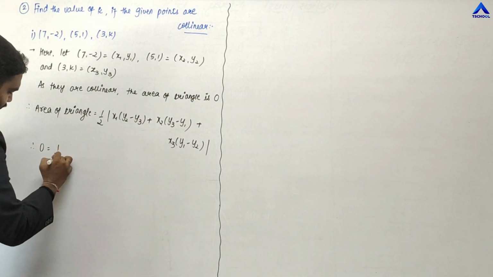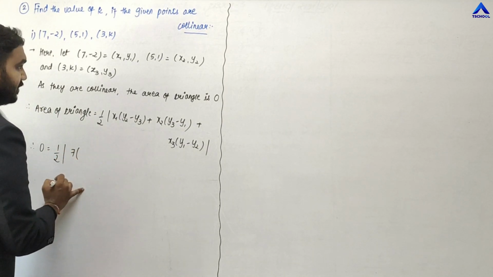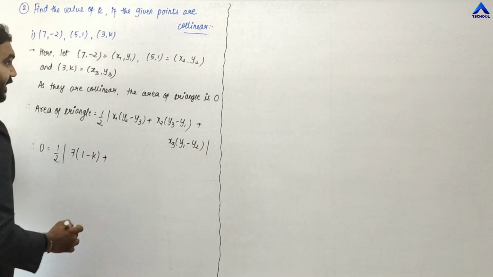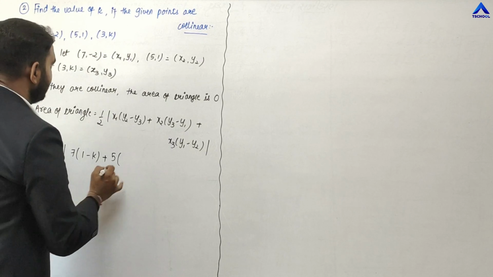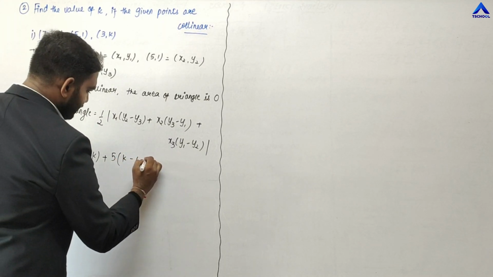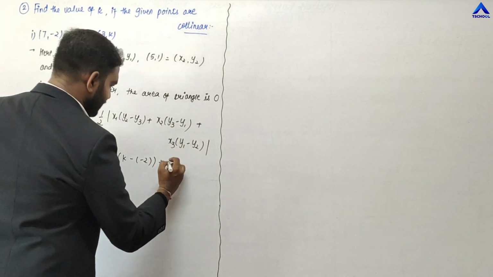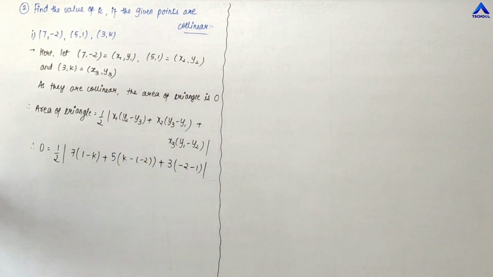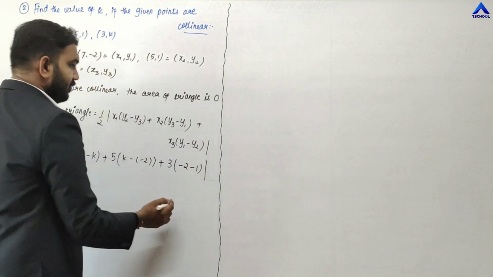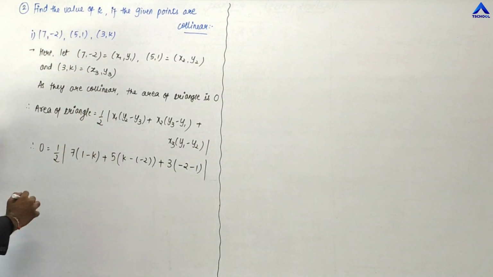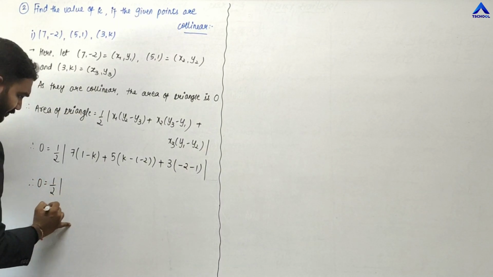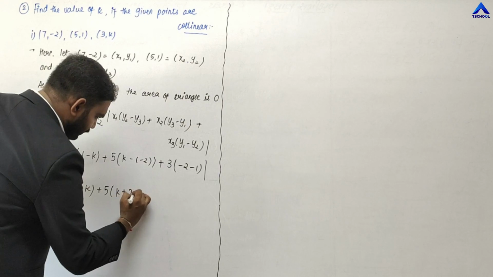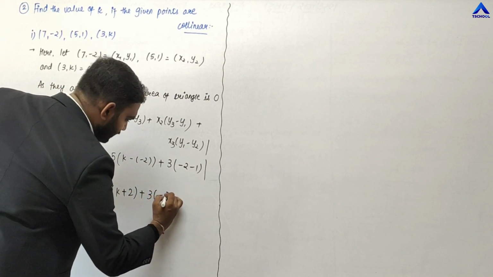Therefore 0 equals to half modulus x1, that is 7 into y2 1 minus k plus x2, that is 5 into y3, that is k minus 2 plus x3, that is 3 into y1 minus 2 minus 1.